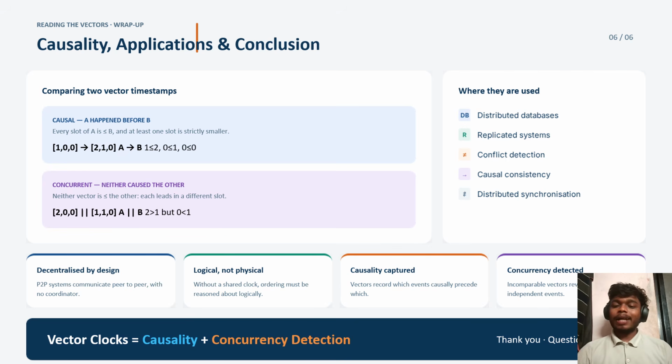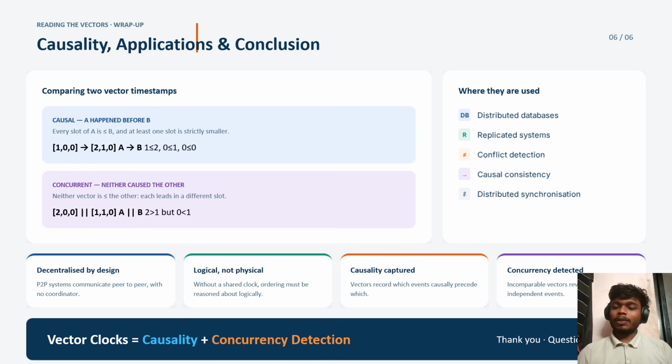With vectors having conflicting higher and lower numbers, like (2,0,0) and (1,1,0), the system knows neither causes the other, so they are concurrent. This is exactly the logic that powers modern distributed databases, preventing data conflicts and keeping replicated systems synchronized globally.